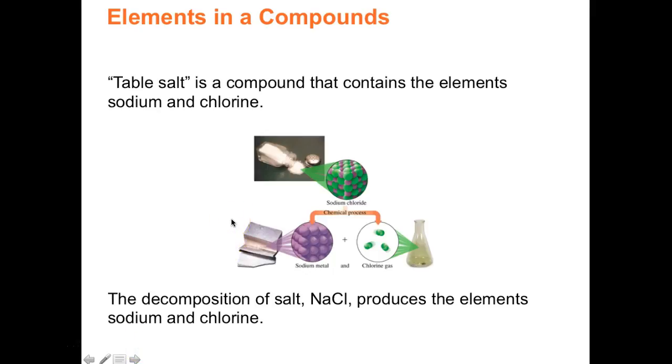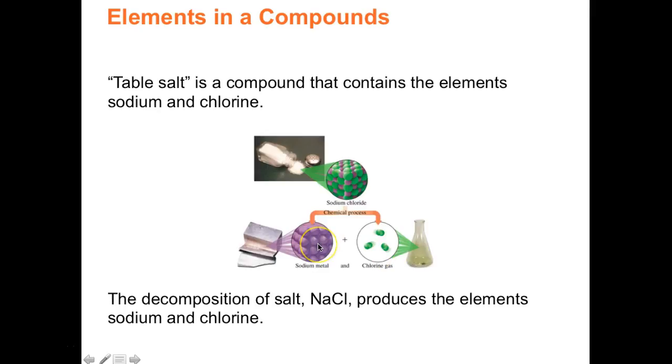So here you see table salt. It's chemically formed from sodium metal, which looks like this, a solid shiny metal. And then you have chlorine, which is a gas, which exists in nature as two atoms of chlorine, a greenish gas.